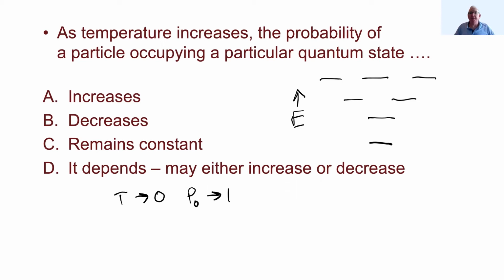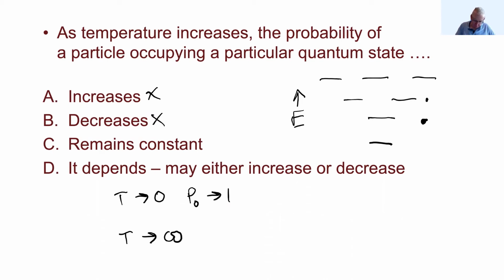As I raise the temperature, I begin to grow some probability in the states going up the ladder. As that happens, it can't be true that they all increase. If they all increase or all decrease at the same time, then I'm not conserving total probability. The total probability has to be equal to 1. Suppose I went to infinite temperature.